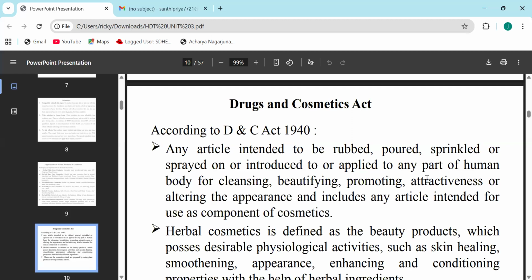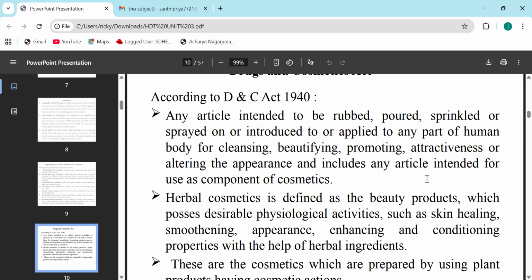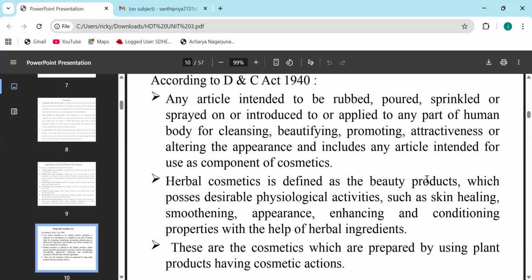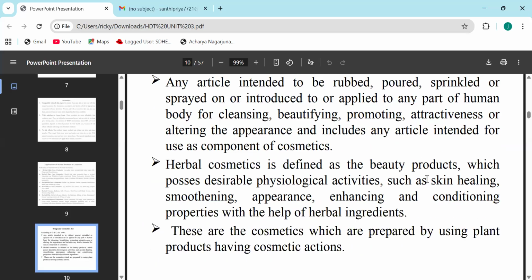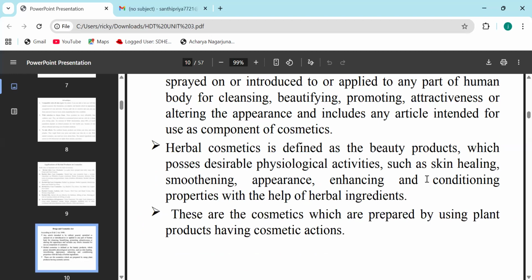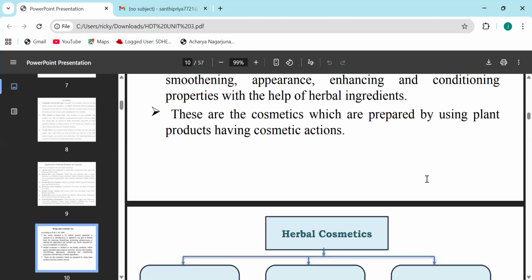So according to the Drugs and Cosmetics Act 1940, this is the definition of cosmetics. Next, herbal cosmetics are defined as beauty products which possess desirable physiological activities such as skin healing, soothing, appearance enhancing and conditioning properties with the help of herbal ingredients. These are cosmetics prepared by using plant products having cosmetic actions.